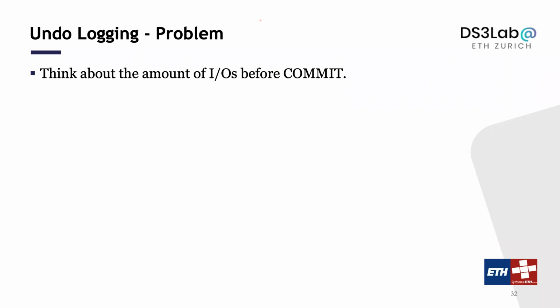That's a naive solution. In this course, when we think about performance, we think about the number of I/Os, the amount of data movement. So let's think about how much data movement I need before I can commit a transaction if I'm doing undo logging.